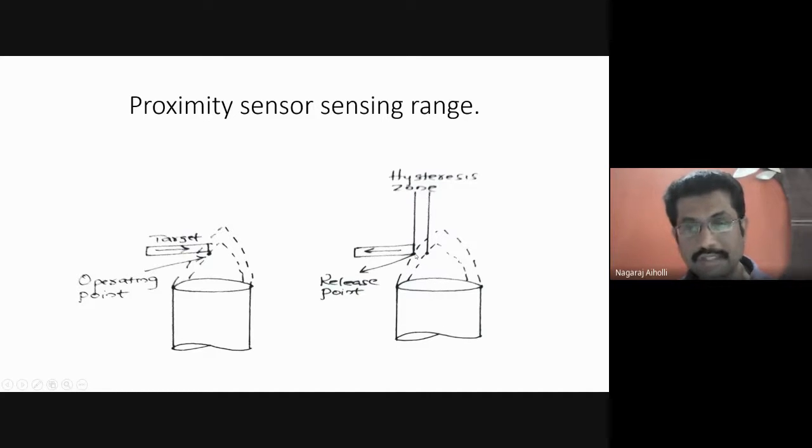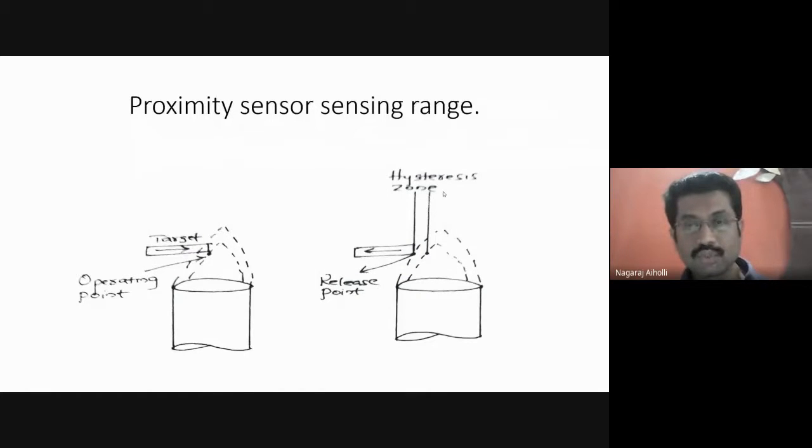That is called the release point. The first is called the nearby point or operating point, and the second is the release point. The difference between these two is called the hysteresis zone.